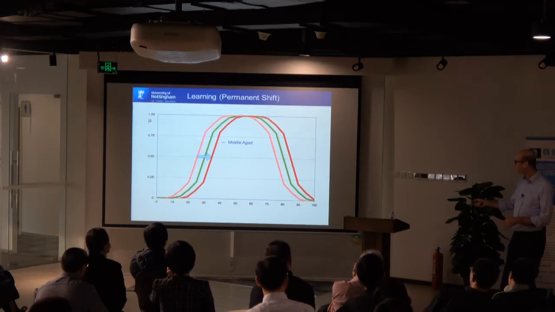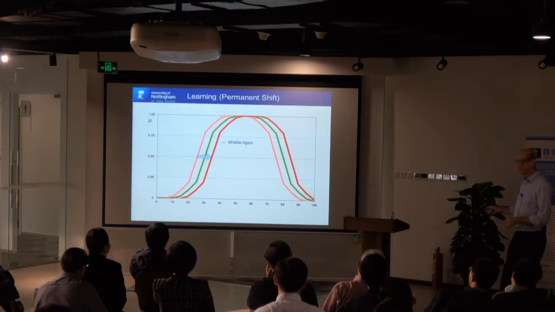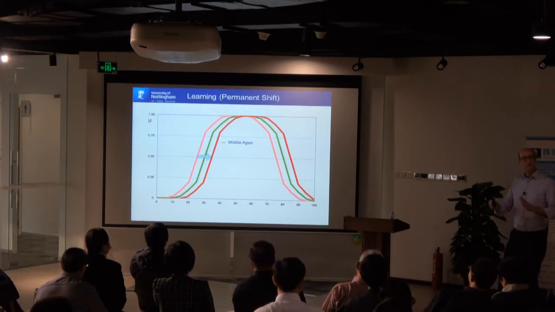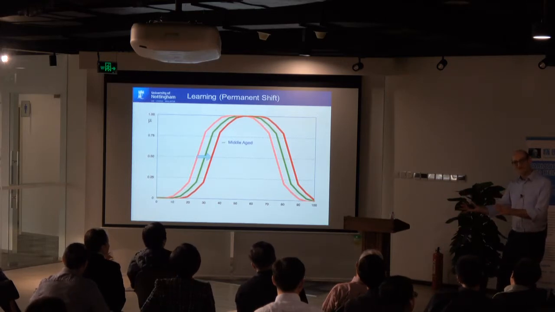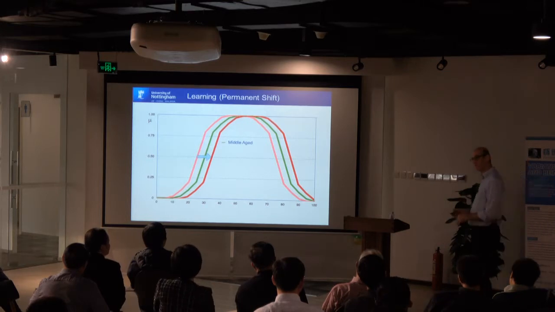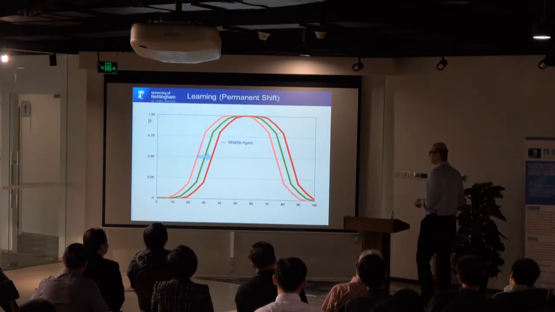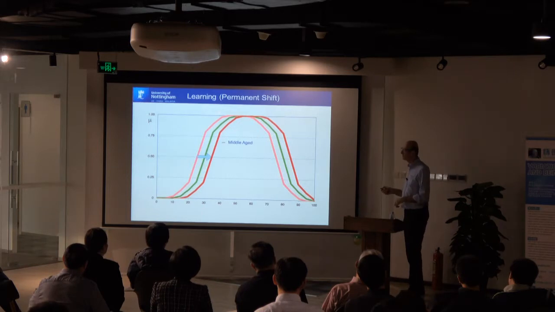If middle age moves from the pink to the red line, then its definition of middle age has changed. So learning means permanent shifts in these fuzzy sets. But to have permanent shifts in the fuzzy sets, I must have variation in the fuzzy sets. So I must have variation in order to have learning.